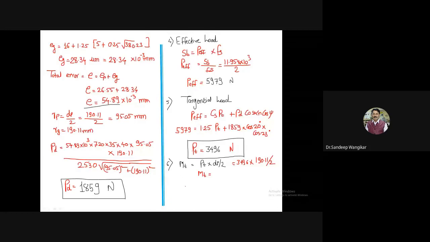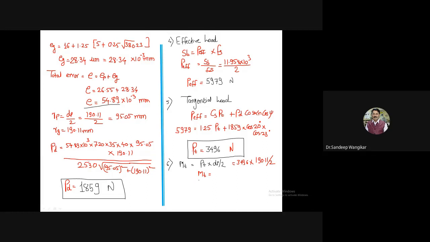Then last step will be kilowatt power calculation. EMT you will get as 332.37.